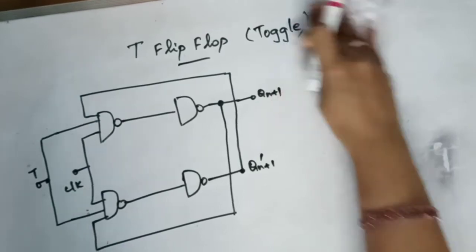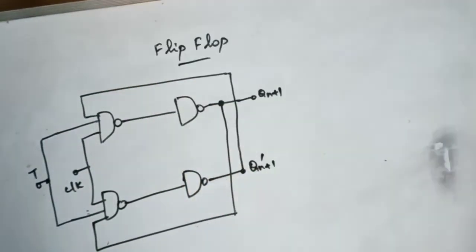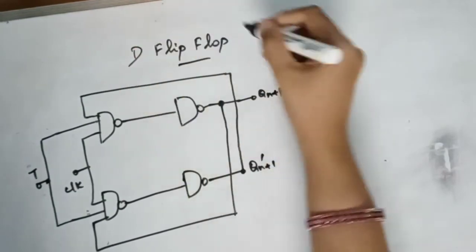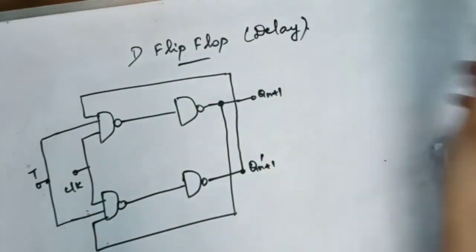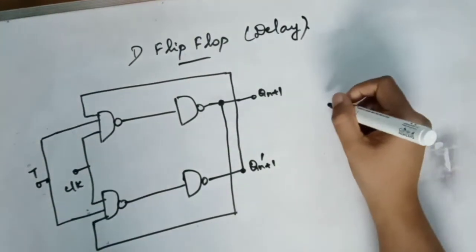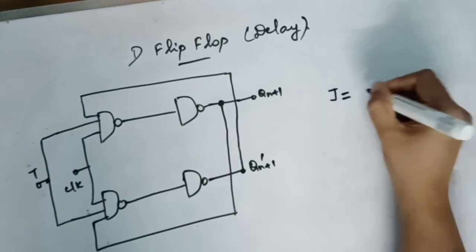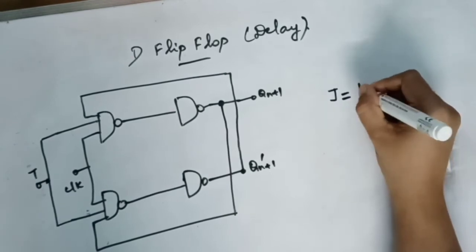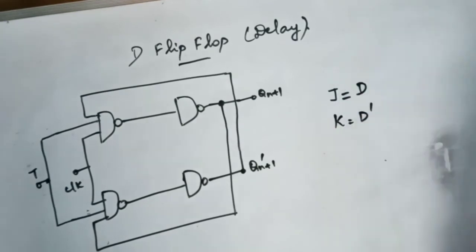Now there is another flip-flop called the D flip-flop or the delay flip-flop. The D flip-flop is also constructed from the JK flip-flop, with J equal to D and K equal to D bar. This is the input which you will be giving.